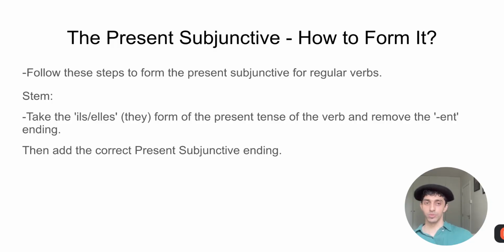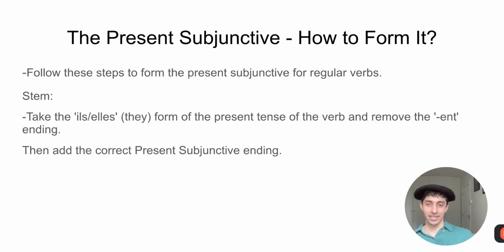But for regular verbs that do follow the normal pattern, the stem, or the first part of the word, comes from the ils ou elles, the they form of the present tense of the verb, and just taking off the ending, the ent ending. For a verb like parler, for example, to speak, the they form in the present tense would be ils parlent. You'd remove that ending ent, and that gives you your stem, parl.